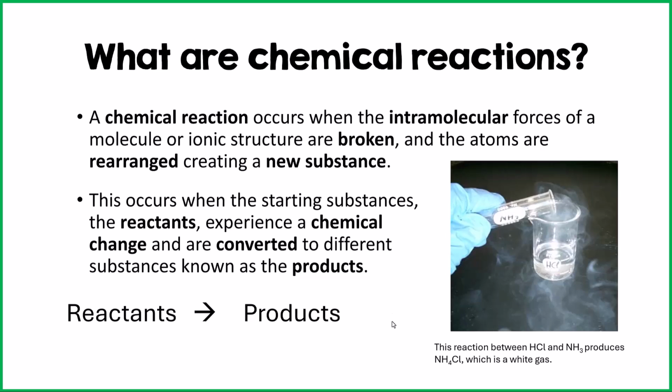For example, this reaction between hydrochloric acid and ammonia produces ammonium chloride, which is a white gas, which you can see here. So this gas didn't exist before. It is a new substance, one of the products of this chemical reaction.